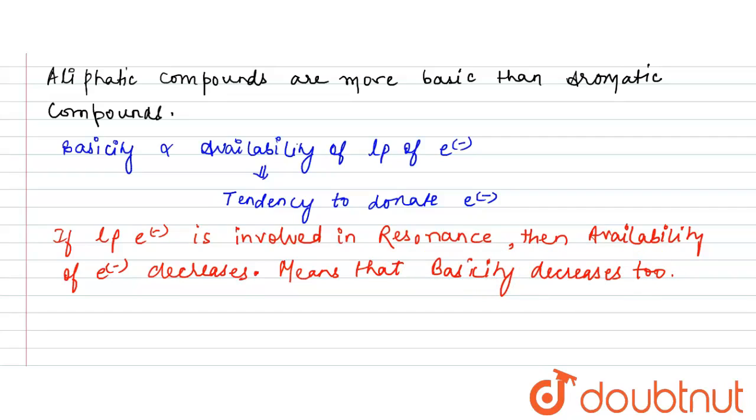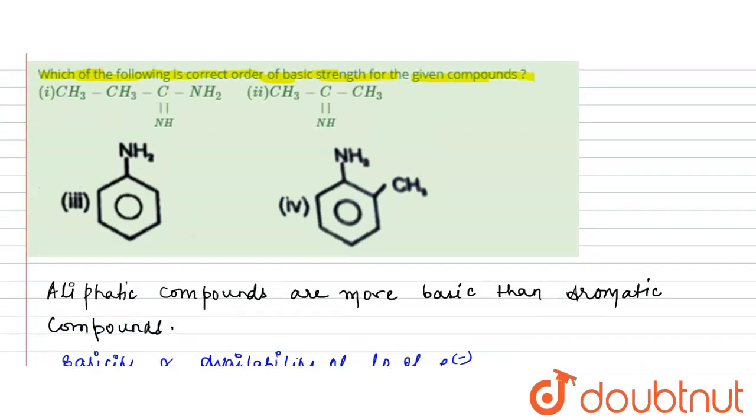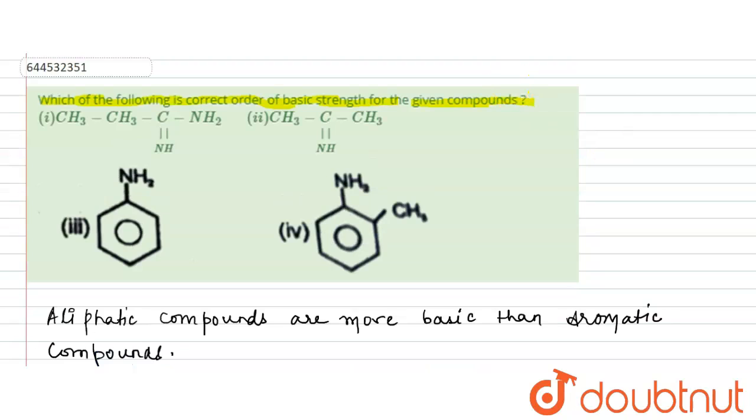Now let's see the compounds given to us. In compound 1, you can see that this nitrogen's lone pair, and the other nitrogen atom is in the double bond here, and the lone pair on this nitrogen atom is involved in resonance, due to which the electron density at this nitrogen will increase.